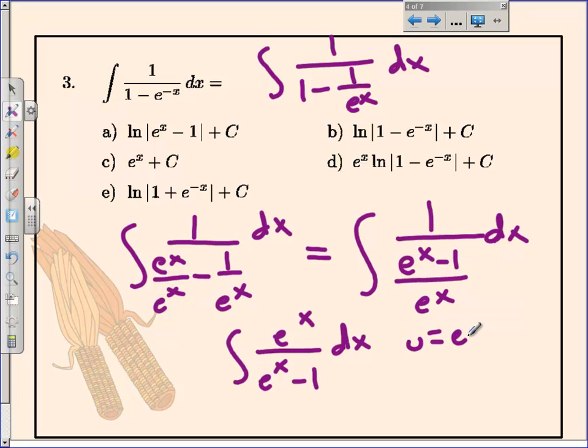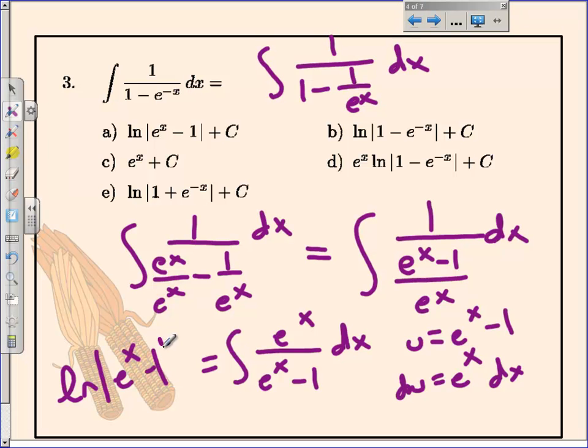If we let u equal e to the x minus 1, then du is equal to e to the x dx. This is a pretty little du over u integral. So this answer is the natural log of the absolute value of the bottom plus c. And so that is why it is A.